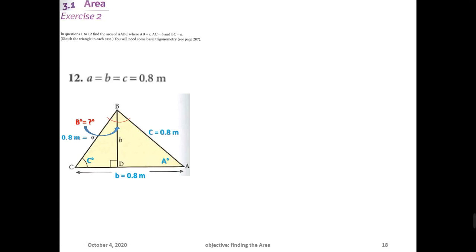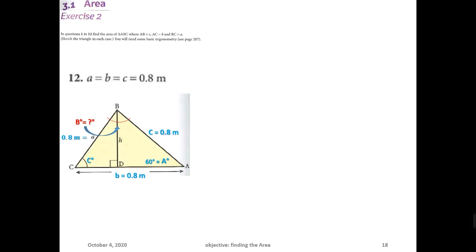If we have a triangle with all sides that are equal, we call this triangle an equilateral. So, in an equilateral, if all sides are equal, then all three angles in the triangle are equal as well.